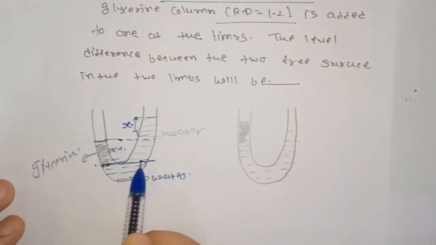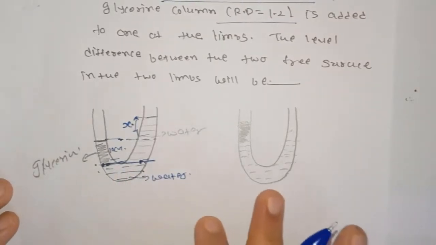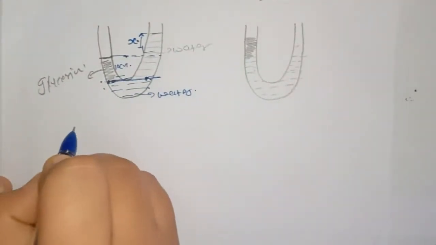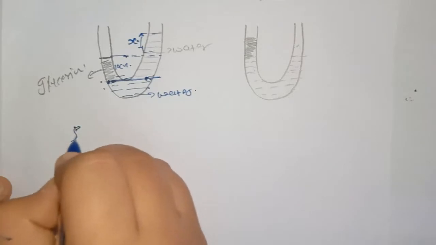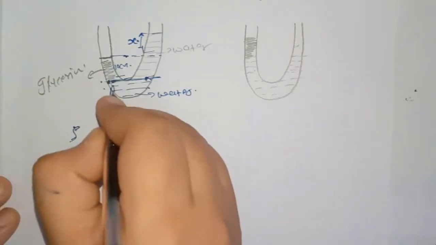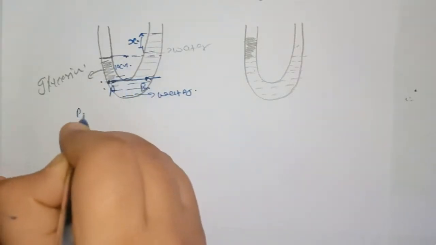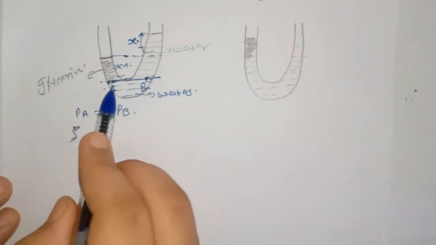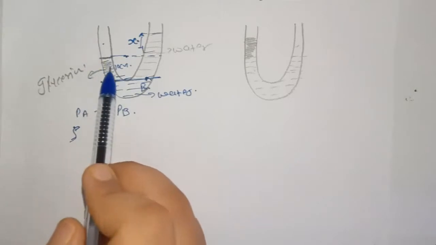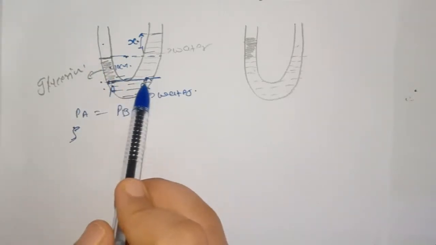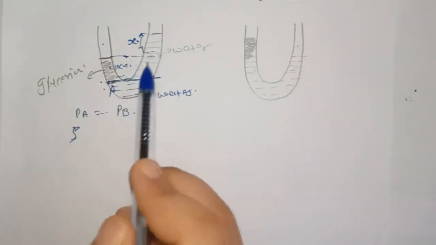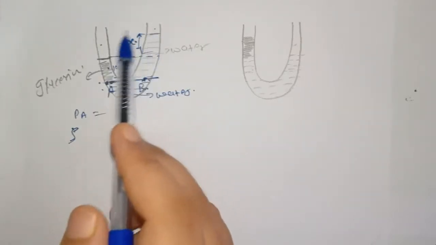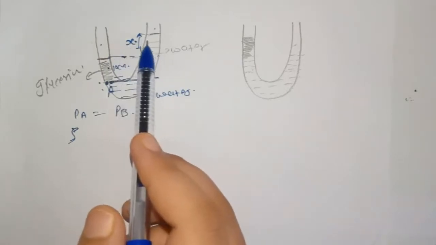So pressure at this point will be same. So comparing the pressure, pressure at point A will be equal to pressure at point B. Pressure at point A is due to atmosphere and glycerine, and pressure at point B is due to the water and atmosphere. This atmospheric pressure will get cancelled out, so we are not writing it.